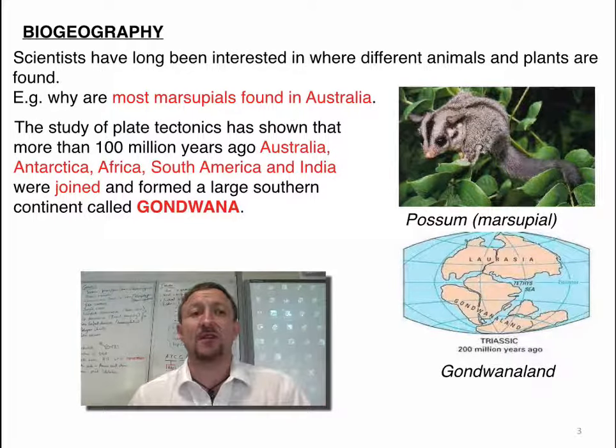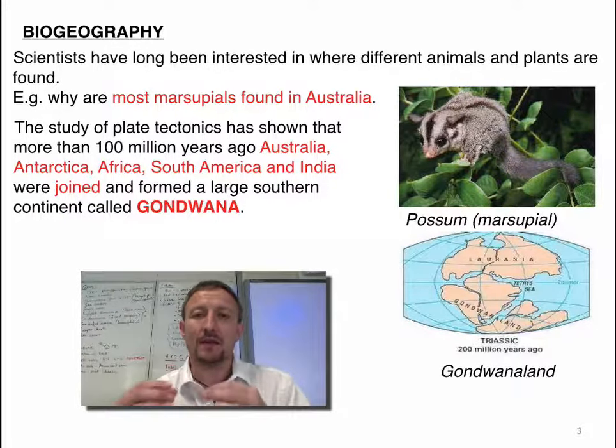Now, how's this going to affect our organisms? Well, the key is, as organisms move from one place to the next, they go onto different land masses. Now, as the land masses move over hundreds of thousands of years, what that means is that the environment is going to change.